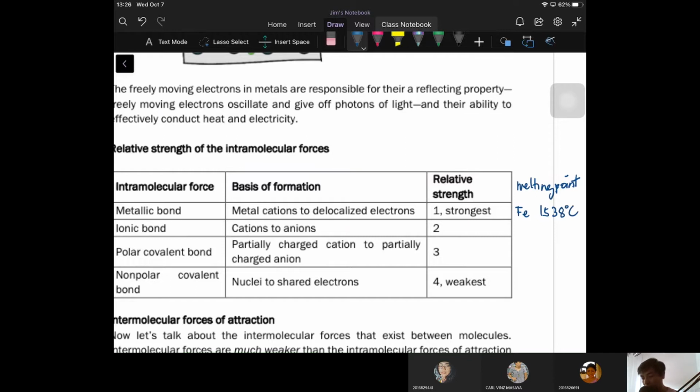Next one is ionic bond, no? So, hanapin ko muna yung info ko bago ko i-explain. Melting point. Yan, 801. H2O melting point 0 degrees Celsius. CH4 melting.